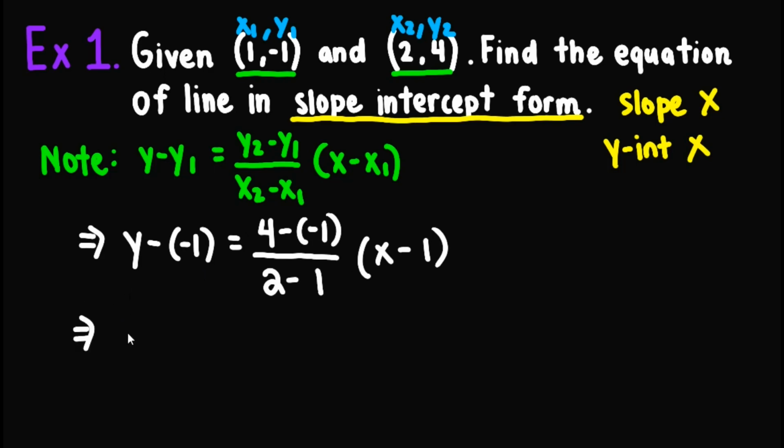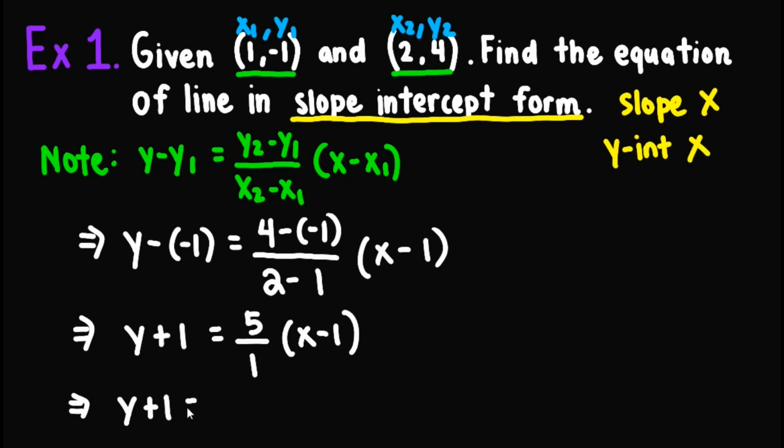On the left, we'll have y plus 1. And for this, 4 minus negative 1 will give us 5 over 2 minus 1 is 1, times x minus 1. From here, just removing the denominator, we'll obtain y plus 1 equals 5 times x minus 1.